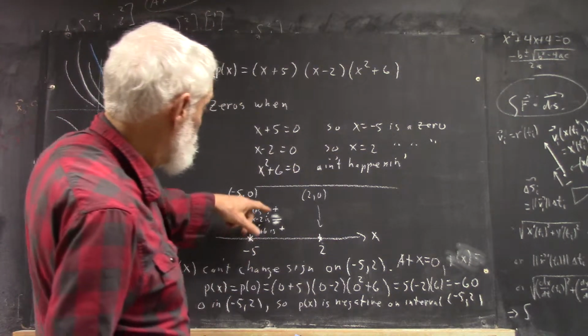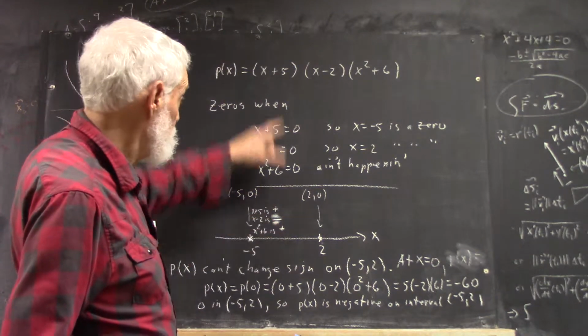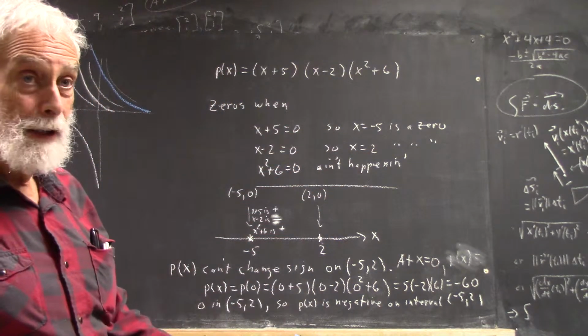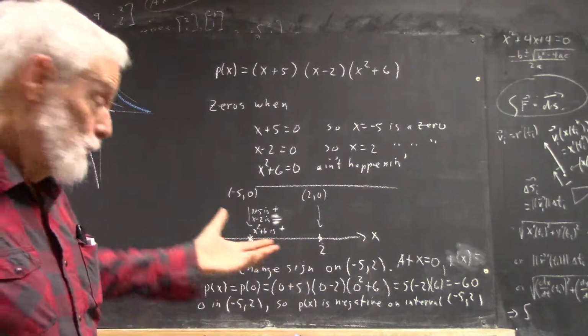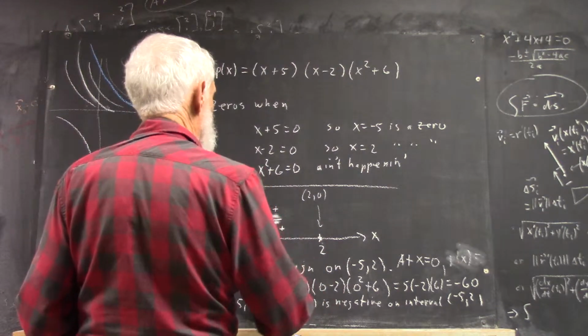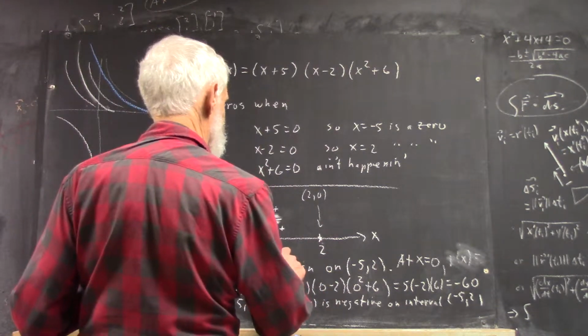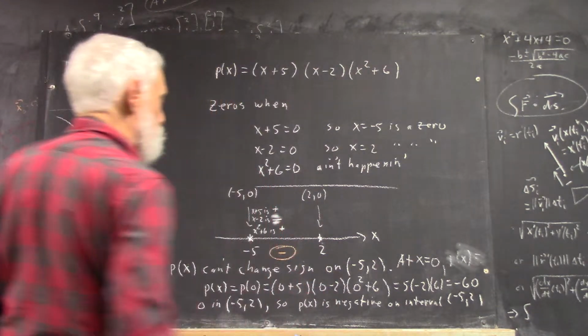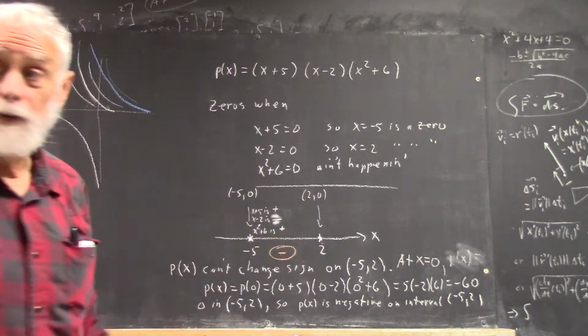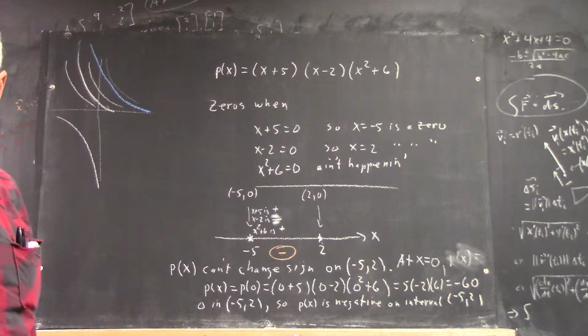Now, if you have a plus, a minus, and a plus, and they're multiplied, you get what? 2 positives and a negative give you a negative, and we know that. So I'm going to write it below the axis with a big circle around it, indicating that between here and here, this function is negative. Okay?